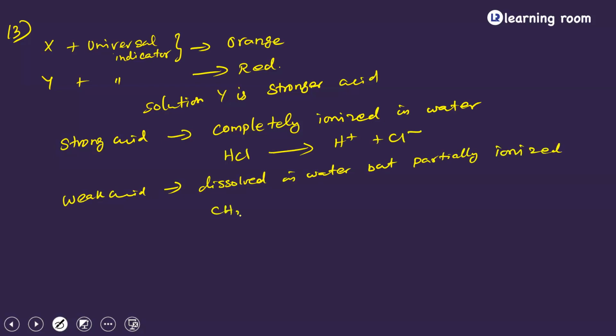For example, acetic acid will dissociate into acetate ion and H plus ion. Then it is called a weak acid. Next question. 14th.